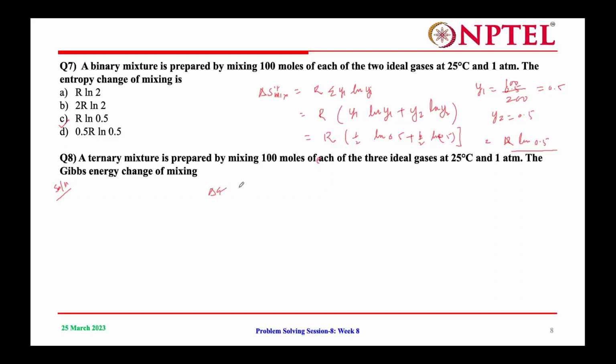Delta G mix equals RT summation yi ln yi, right. So write down for the three components, then you will get the value minus 2721.86 joule per mole, right.